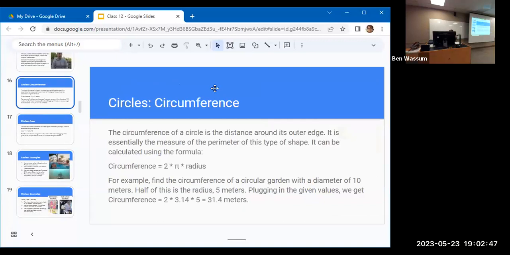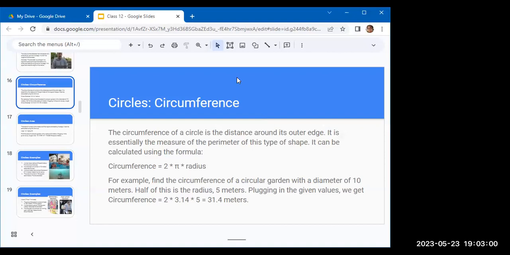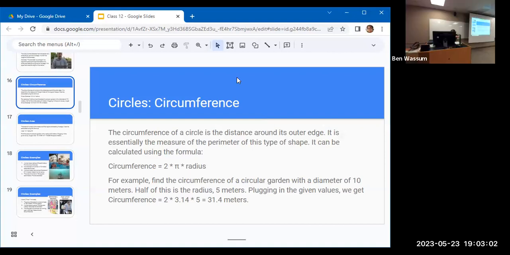First we take a look at the circumference. Circumference is basically the measure of the perimeter of a circle. The circumference of a circle is the distance around its outer edge. It can be calculated using this formula.